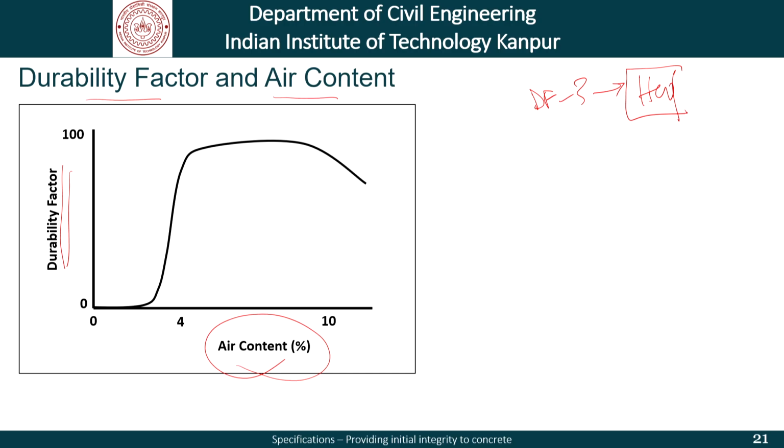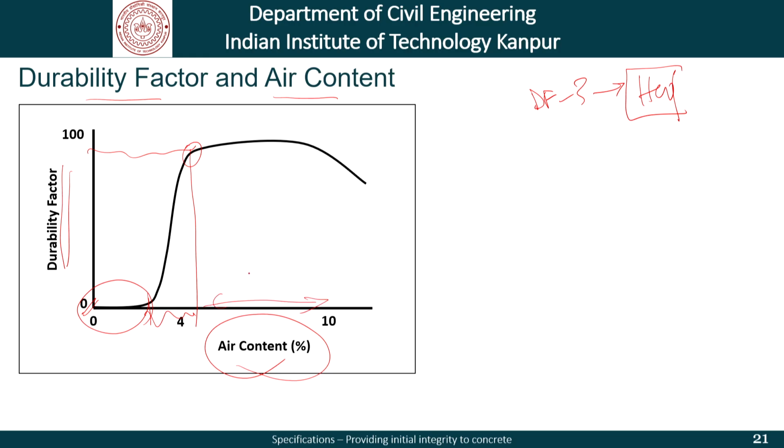Having said that, the durability factor in the range of air content of about 2.5 to 3% is practically 0. It becomes very close to 80 or 90 the moment we have air content in this range, that is, let us say 3.5 to 4.5, 5%.